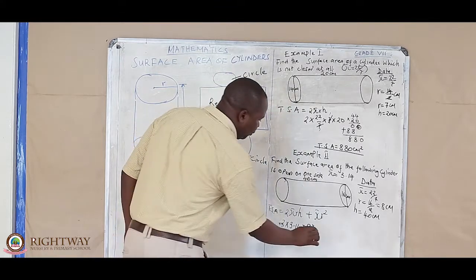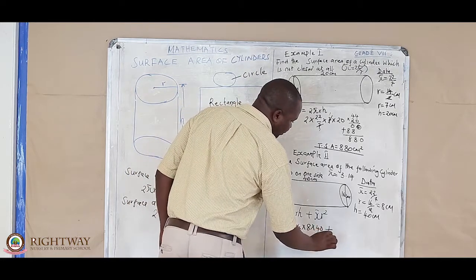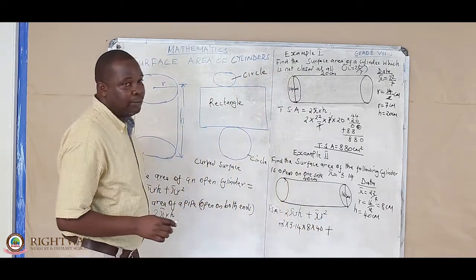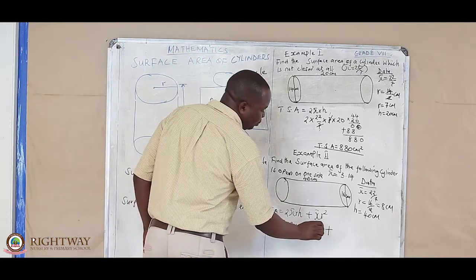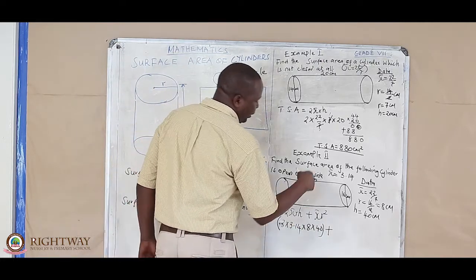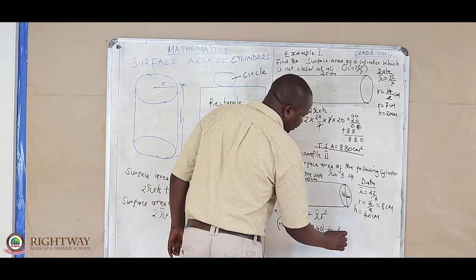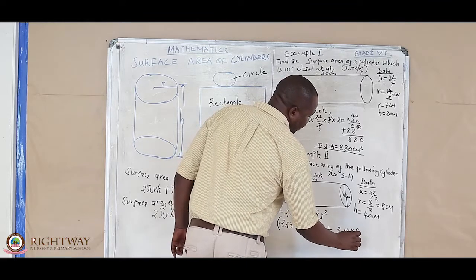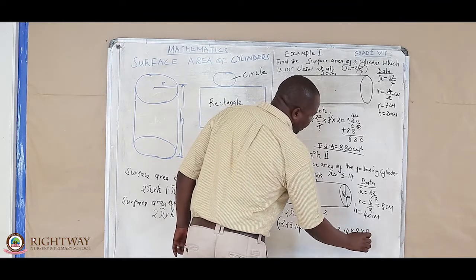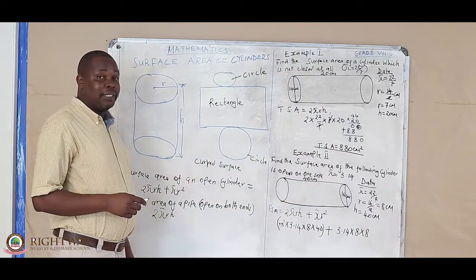Our height is 40, plus, make that plus somehow bigger to differentiate between the two calculations. Or you can put this one in brackets to differentiate from the other part. Pi is 3.14 times 8, which is our radius, times 8. Now we calculate.